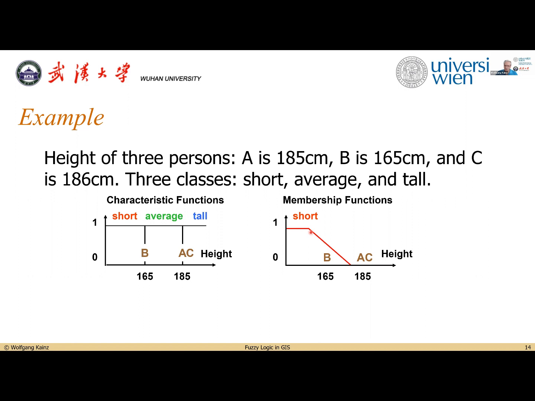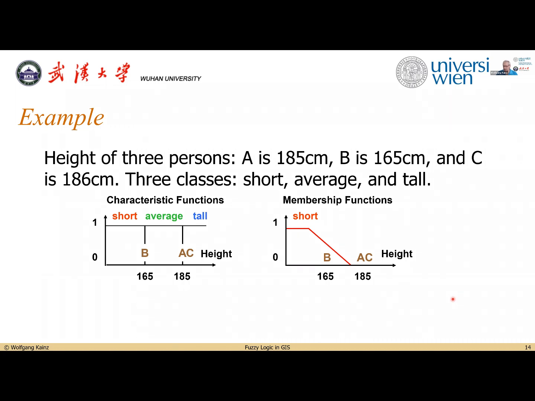So the taller a person gets, the lower the degree of membership to the class short. And then from this point on, for example, A or C have a membership of 0 to the class short because they are just too tall. Whereas B has some degree of membership to the class short.